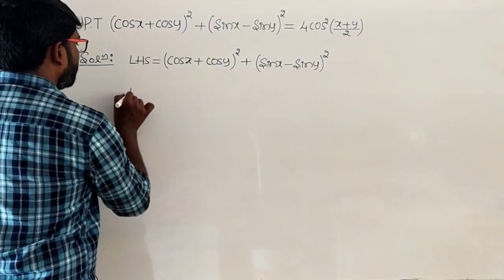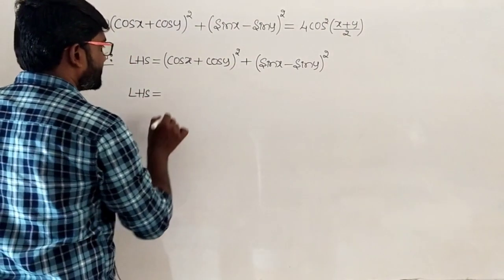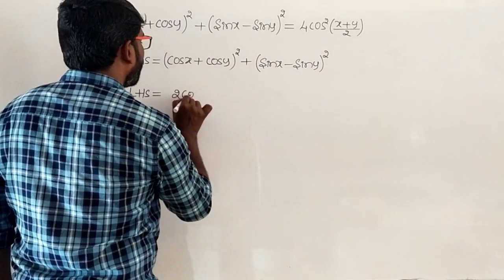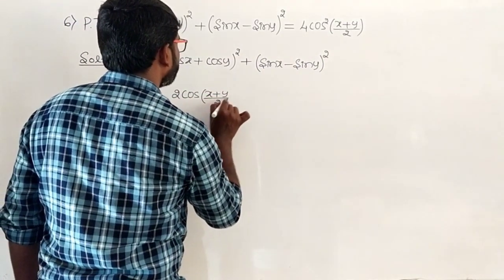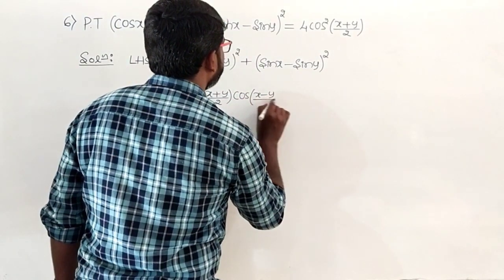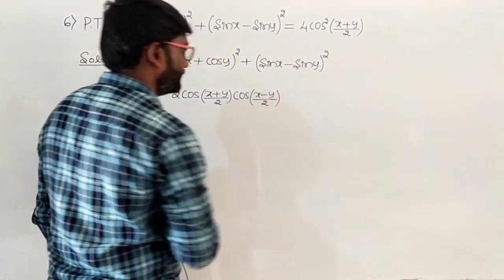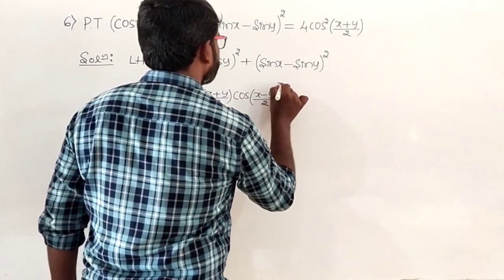So now cos x plus cos y will be 2 cos of (x plus y) by 2 into cos of (x minus y) divided by 2. Then there is a whole square.